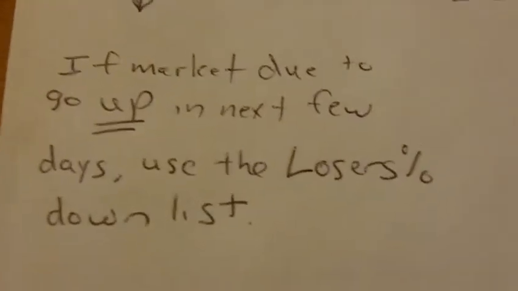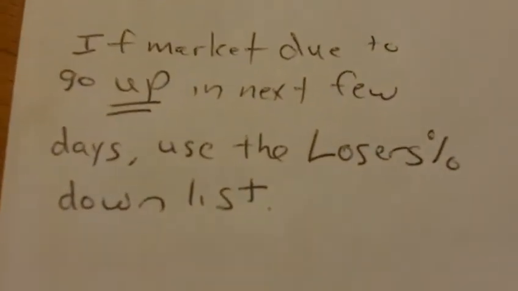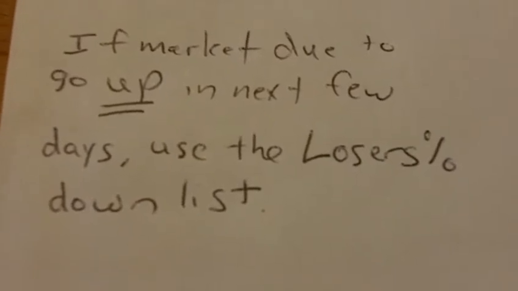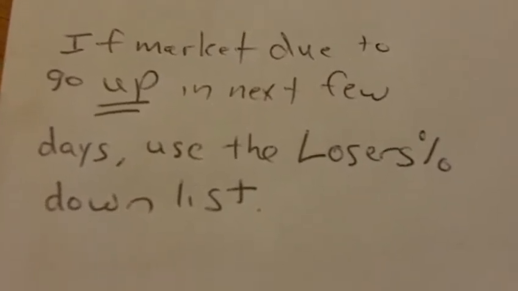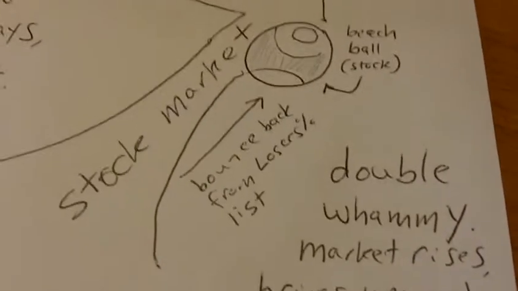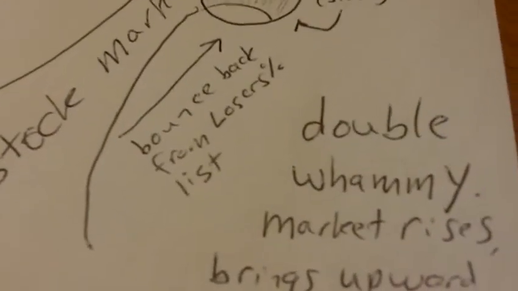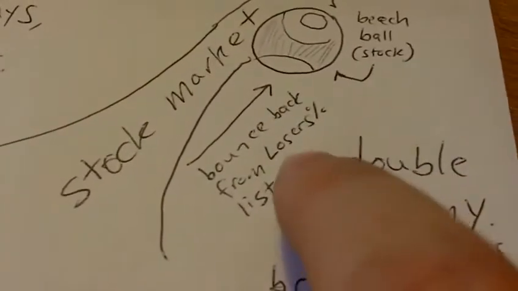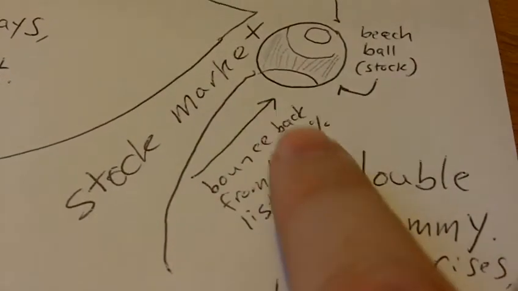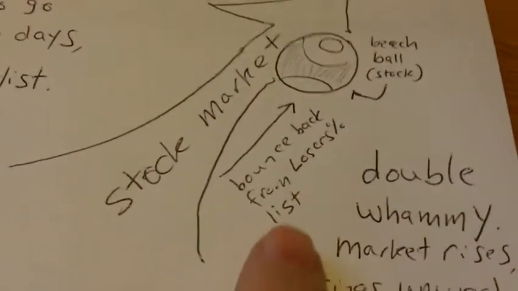So if we think through technical analysis that the stock market is going to go up over the course of the next couple of days, we want to be using stocks on the most losers list, the most down list, and here's why. When we go through the most down list, we're looking for stocks that have been an overreaction to the downside, an emotional overreaction, where we think the stock is going to bounce back to its correct valuation, bounce back up to the upside.